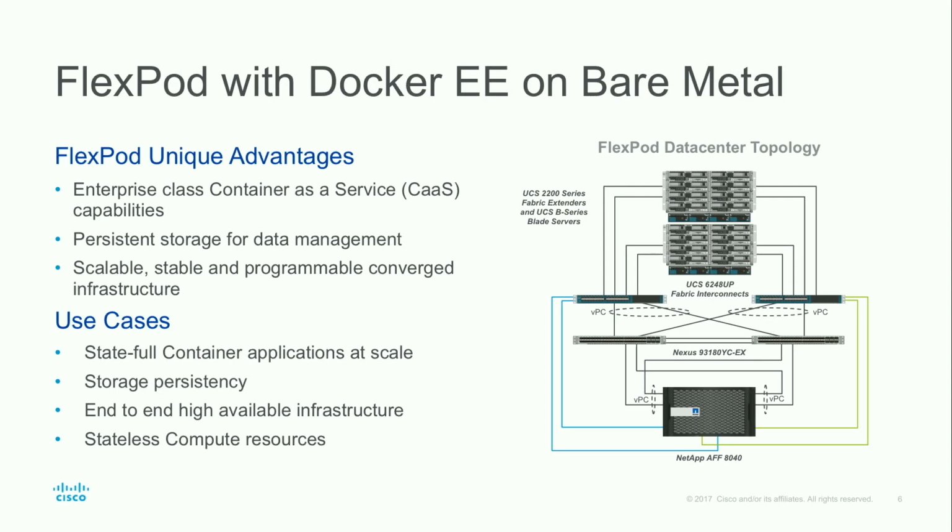It's an FC connectivity, direct connect to the Fabric interconnect, giving you 8 gig of fiber channel connectivity. The network is 10 gig end-to-end. And it has no local disk. The boot disk is also coming from the backend, the filer. And it provides you end-to-end, highly available infrastructure.